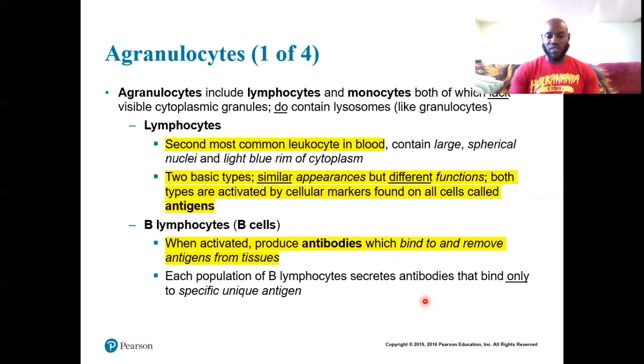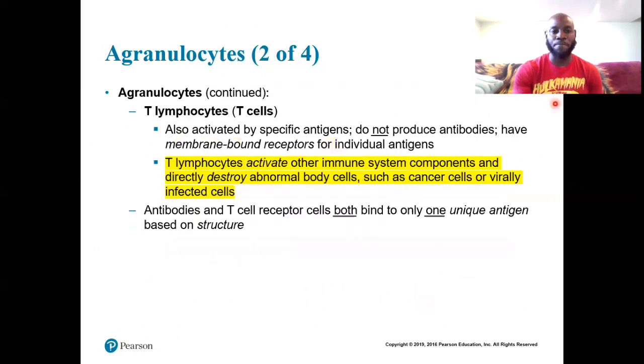Each population of B lymphocytes secretes antibodies that bind only to specific unique antigens. And why is that important? We'll talk about that. You also have T lymphocytes, activated by specific antigens, but they do not produce antibodies. These T lymphocytes activate other immune system components that directly destroy abnormal body cells.